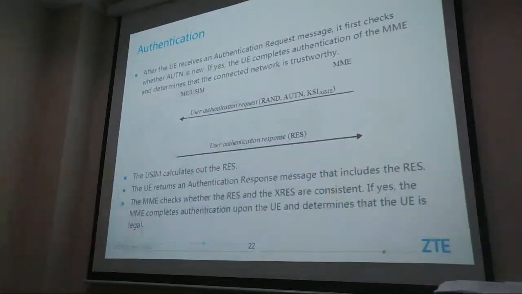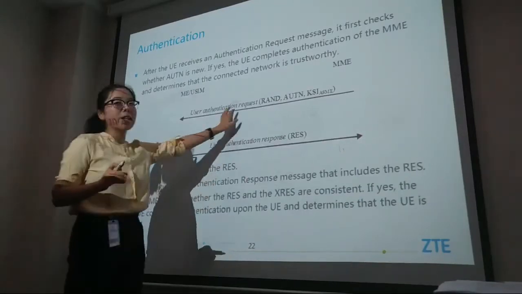The NAS signaling is carried in the uplink information transfer and the uplink information transport, and also the downlink information transfer and the downlink information transport. When you trace the signaling, you will see these four signalings. If you use a decoder to decode the information, it will be like this.